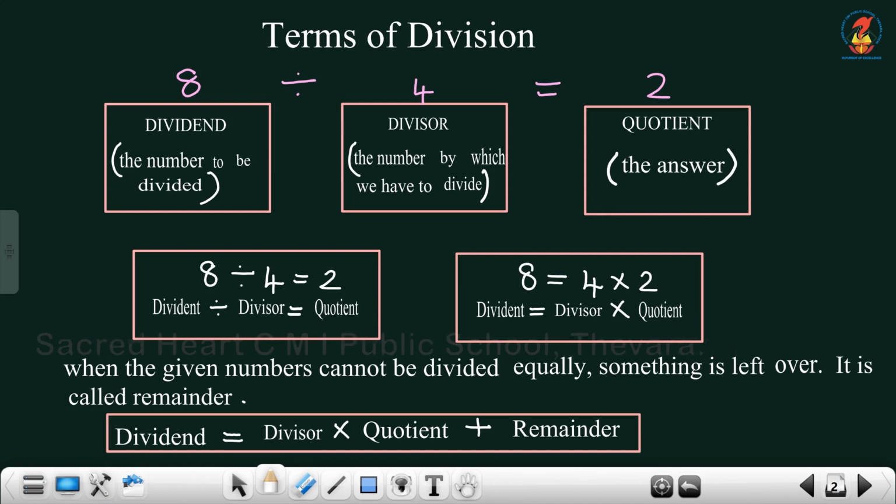So dividend is equal to divisor into quotient. We can say like that. Because here the 4 is the divisor and 2 is the quotient. So dividend is equal to divisor into quotient. Just remember this, just to understand this relation. Okay, so once again dividend divided by divisor is equal to quotient and dividend is equal to divisor into quotient.